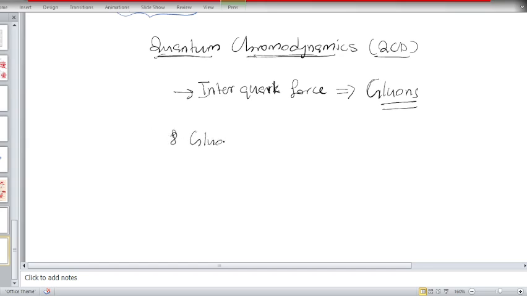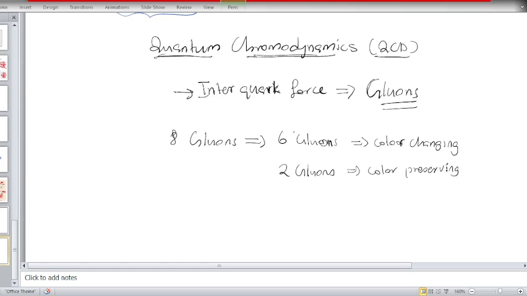Of these 8 gluons, 6 are color changing gluons, and 2 are color preserving gluons.